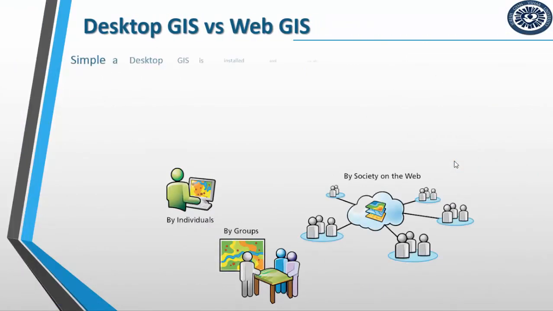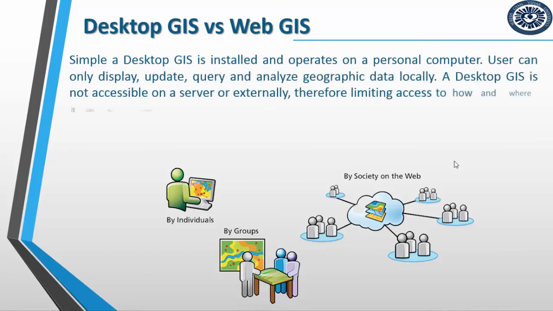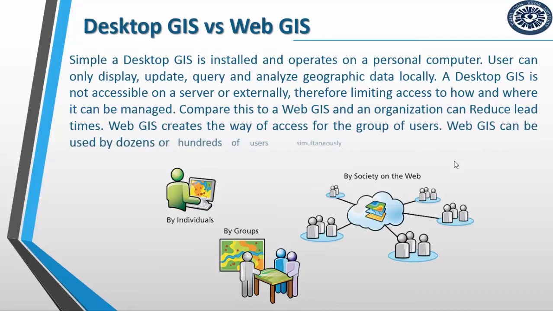Now let's see the advantages of WebGIS rather than desktop GIS. Simply, a desktop GIS is installed and operates on a personal computer. Users can only display, update, query, and analyze geographic data locally.